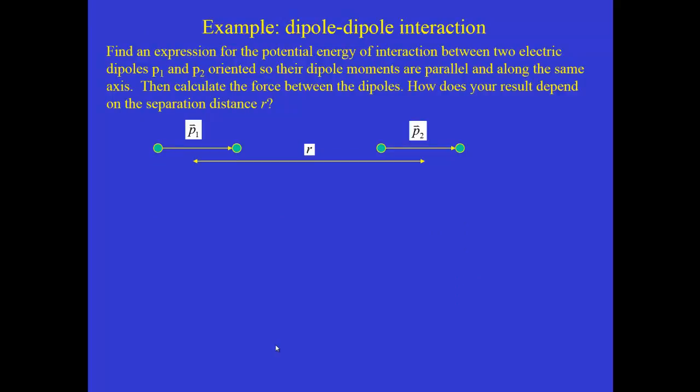All right, so now that we know what the electric field is that's produced by a dipole, and we know the potential energy for the interaction of a dipole with a field, we can do this example. It's kind of an interesting one because in real systems, in nature, especially in biological systems, there are lots of important interactions between molecules that have dipole moments.